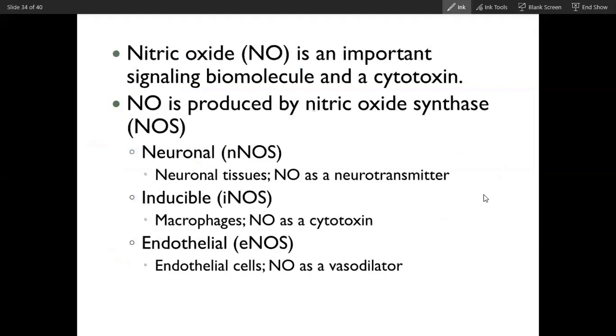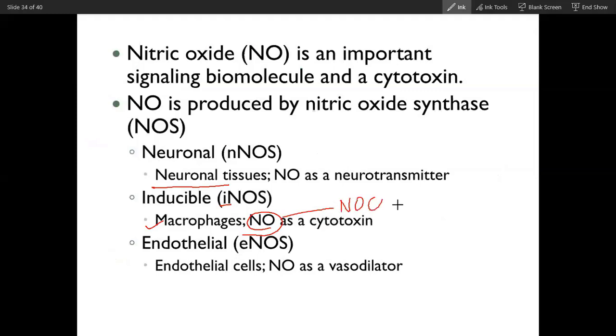Nitric oxide synthase is of three types. One is neuronal, another is inducible. The inducible one is synthesized in macrophages and functions as a cytotoxin.